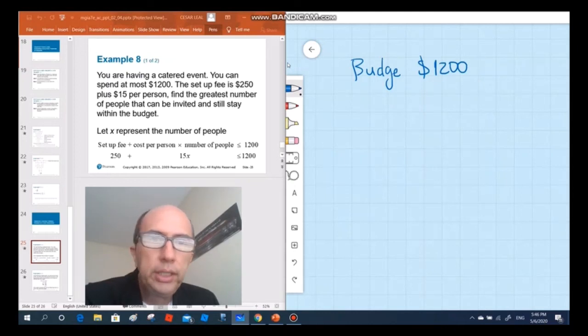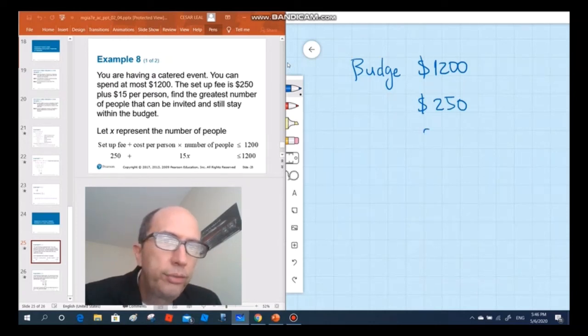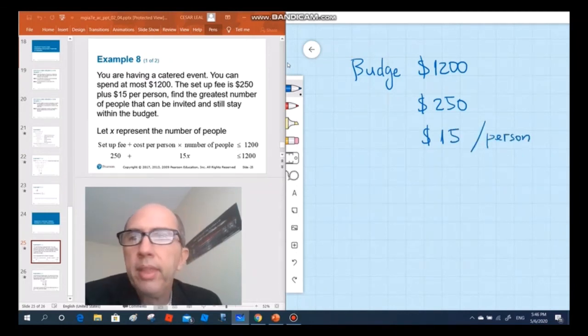caterer, which is $250. It's a constant fee, a setup fee, and there's a cost of $15 per person. Find the greatest number of people that can be invited and still stay within the budget.